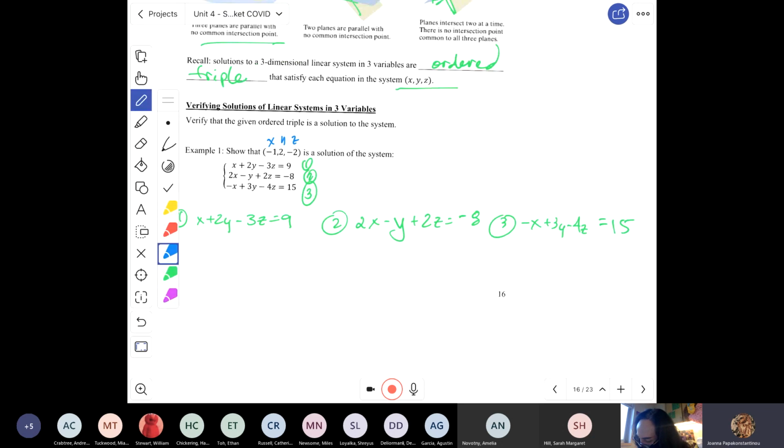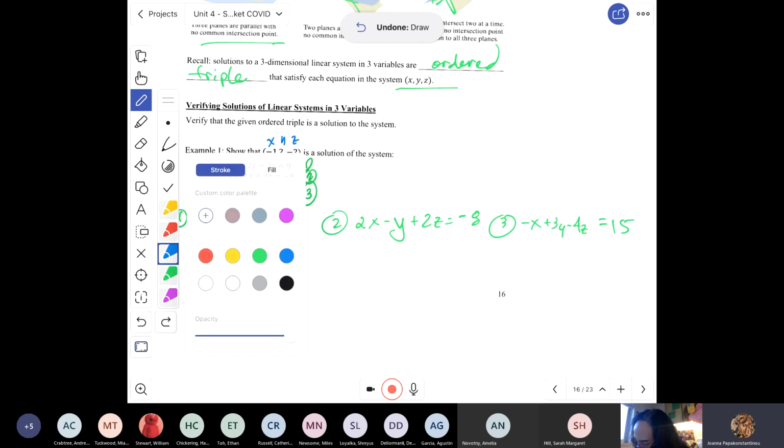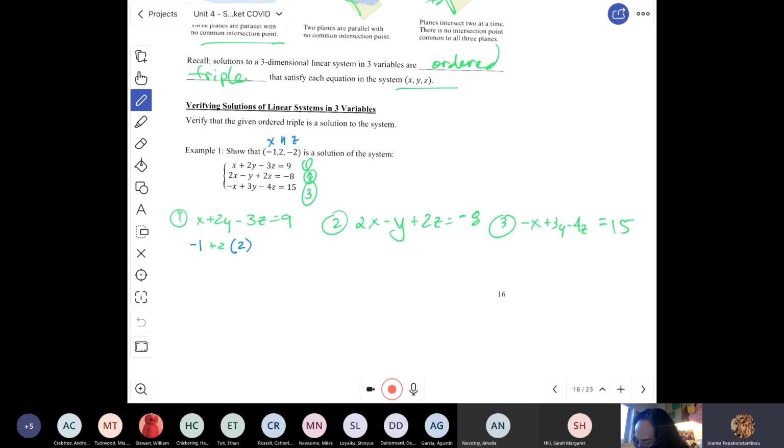Let's substitute in -1 for X, 2 for Y, -2 for Z, and let's see if we get a true statement.